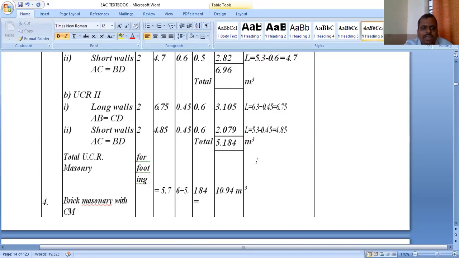So after that, we now have the length of the long wall as well as the length of the short wall. The length of the long wall is 6.75, the width is 0.45 and the thickness or the height is 0.6 meter. After multiplying, we get: 2 number of walls multiplied by 6.75, multiplied by 0.45 as the width, and multiplied by 0.6 as the depth.